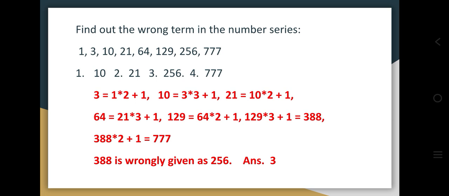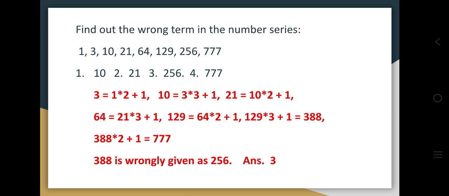Next, 21 is 2 times 10 plus 1. 64 is 3 times 21 plus 1. So alternately, 2 times the previous number plus 1 or 3 times the previous number plus 1. That is the pattern of the series.